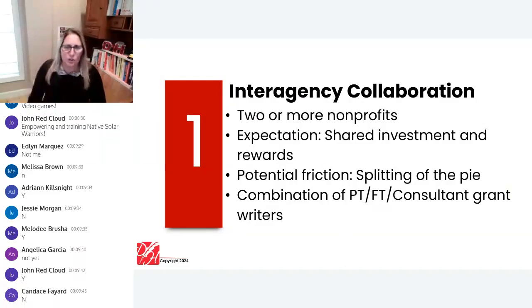It could also be that you, as a tribal organization, are looking at an opportunity and you're not sure if you are the best lead applicant, or maybe you're pretty sure that you're not an eligible entity to apply on your own. Maybe it has to be a health department. It says it has to be an institution of higher ed. It says it has to be a K-12 school system.